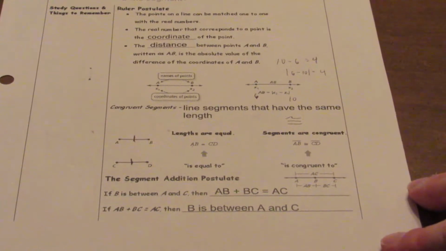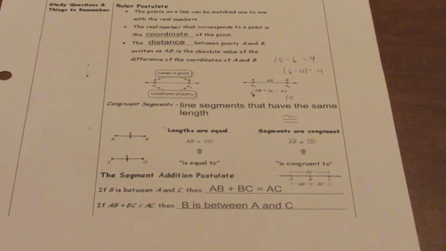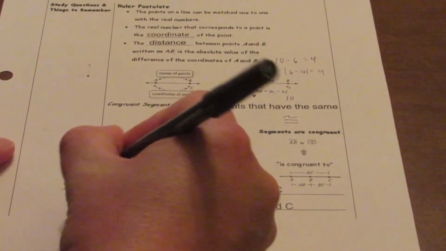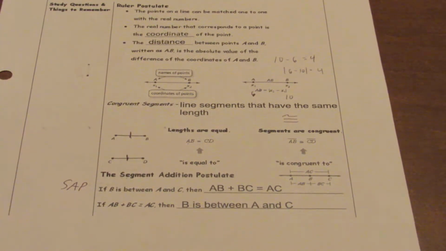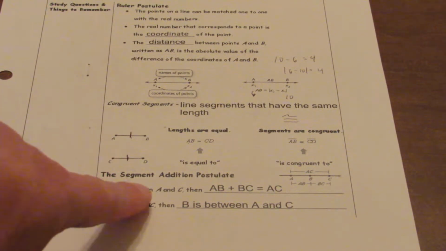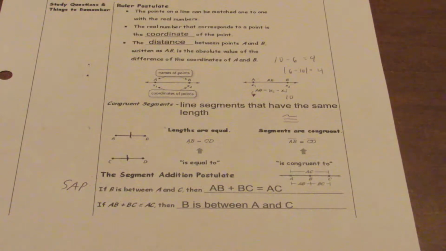Then we have the segment addition postulate. The addition postulates we use a lot as we go through the year. The segment addition postulate I will refer to as SAP, for segment addition postulate. You're welcome to do the same. This says if B is between A and C, then AB plus BC is equal to AC.